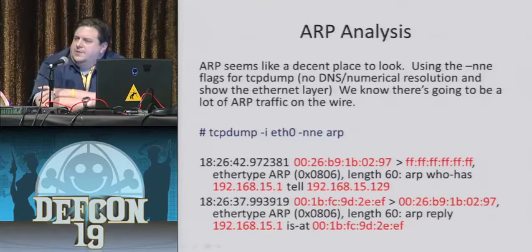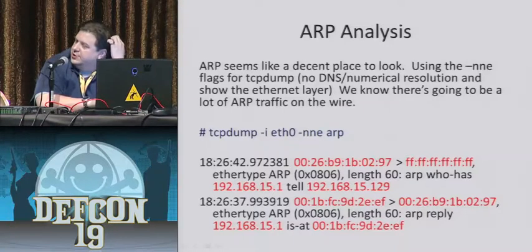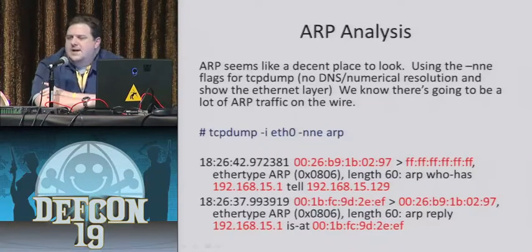ARP actually is a pretty good candidate because it's got all the information we need. It'll have the IP address, it'll have the MAC addresses. The only problem with that is the way the questions are structured, it asks a question and it says, who has this IP address, tell this other guy. And then ARP will respond to that other guy, I'm here.